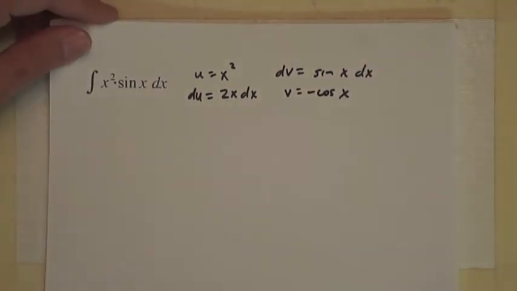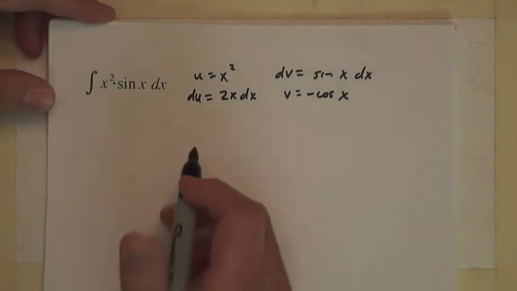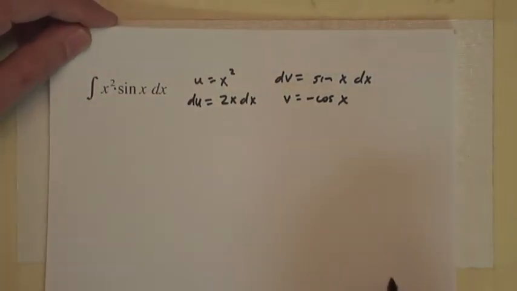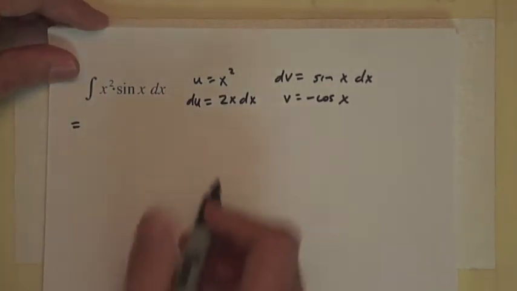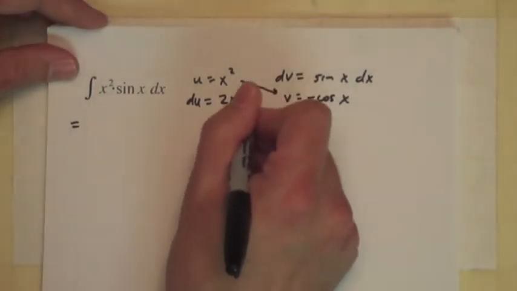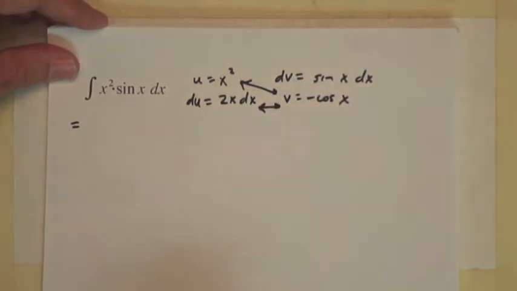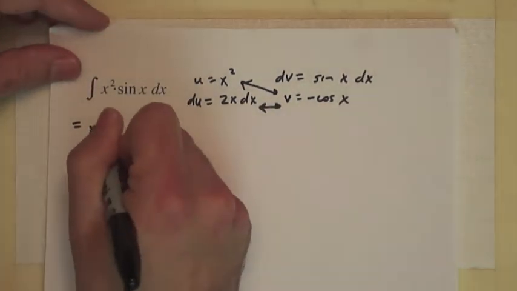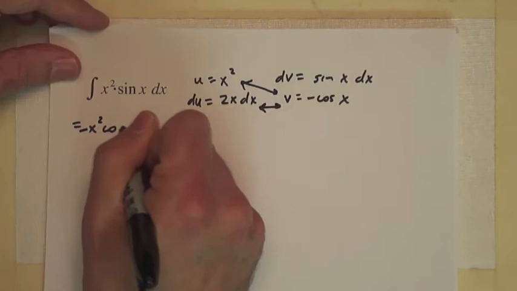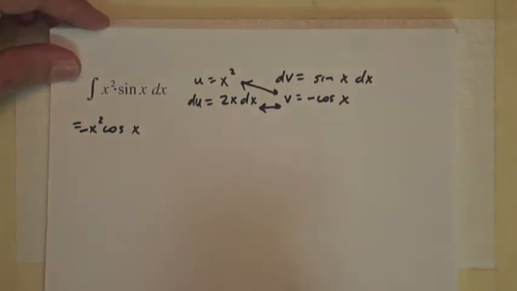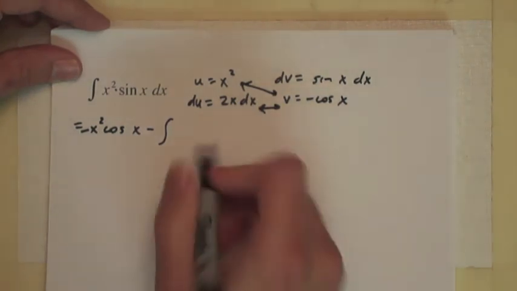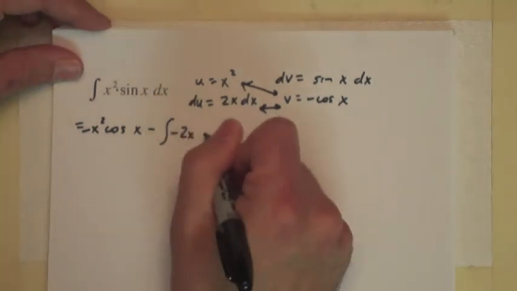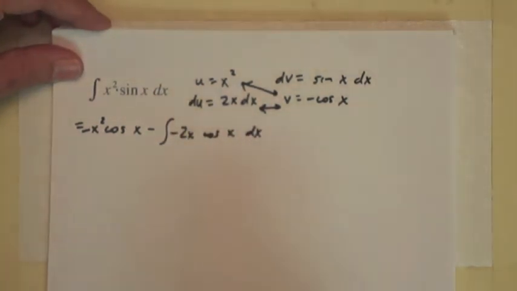So we followed the tips again, outlined in the box on the previous page. So what happens now to our integral? We get uv minus the integral of v du. So we get x squared times negative cosine x minus the integral of v du, negative 2x cosine x dx.